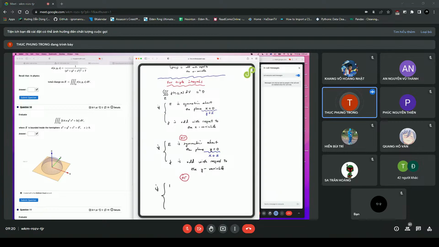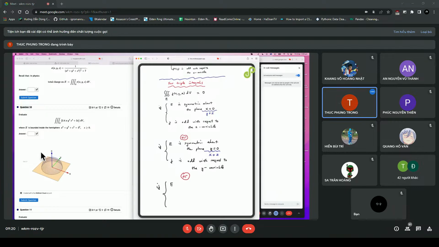depending on the situation we have, like in this question, you can see that the domain E right here is symmetric about the plane yz, right? yz is the plane x equals 0. Is it also symmetric about the plane xz, which is the plane y equals 0?